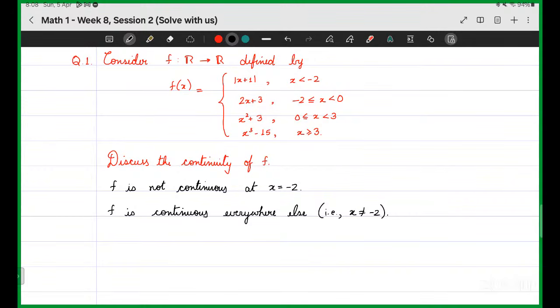I'm still solving, so I can't conclude that. Even I don't know. But let us say -2, 0, and 3. What about points which are not -2, 0, or 3? Is the function continuous or not at points other than these three? 0 is continuous, I think so.